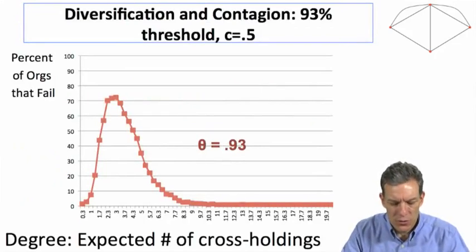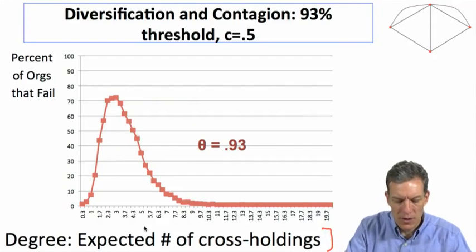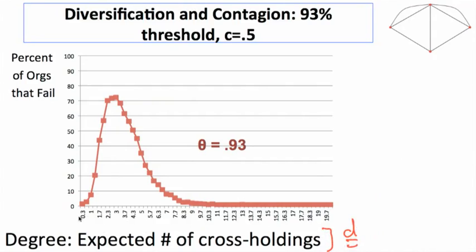Okay. So now if we do that, we look at the expected number of cross holdings here. So here is the level D on this axis, going basically from 0 to 20. And here then we look at the percent of the organizations that fail on average in simulations of this.